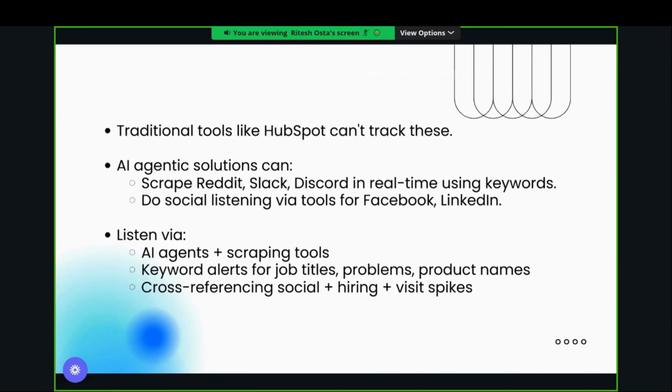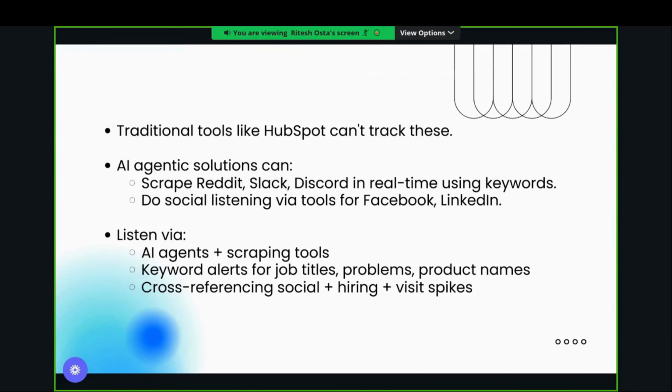And you can cross-reference there, right? So you can use an agentic solution, scraping, put all the information there, and then based on the information, you can actually find more information around users using tools like ZoomInfo and 6sense and Clearbit. You can find more information about those particular users as well.